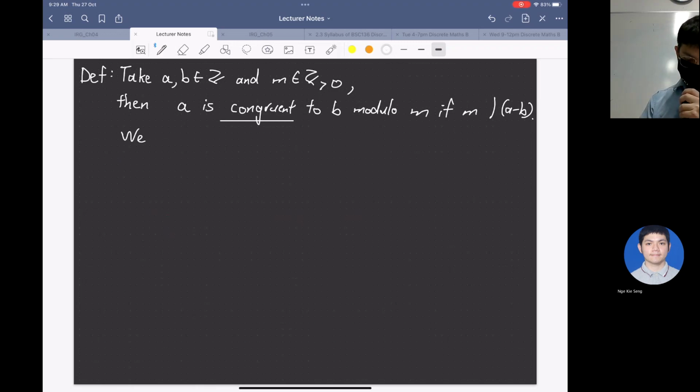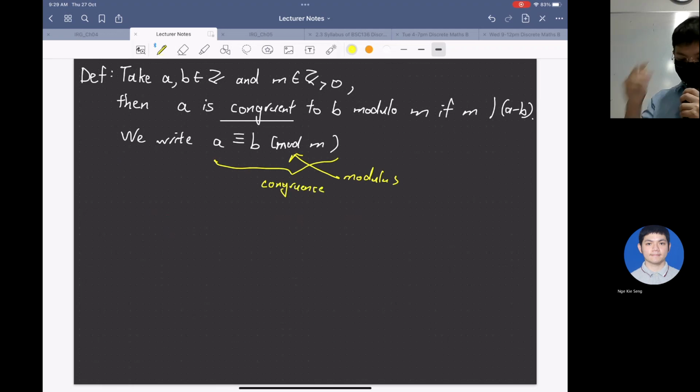So we'll write A triple line B mod M. This one is called the modulus, and the whole thing is called a congruence. Notice that I use a triple line here.